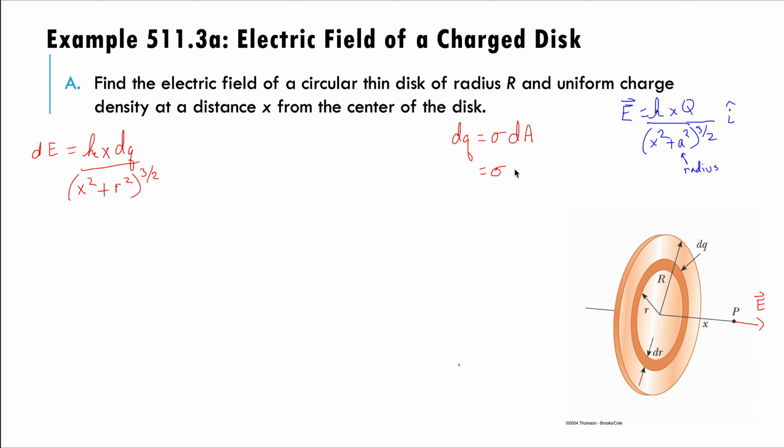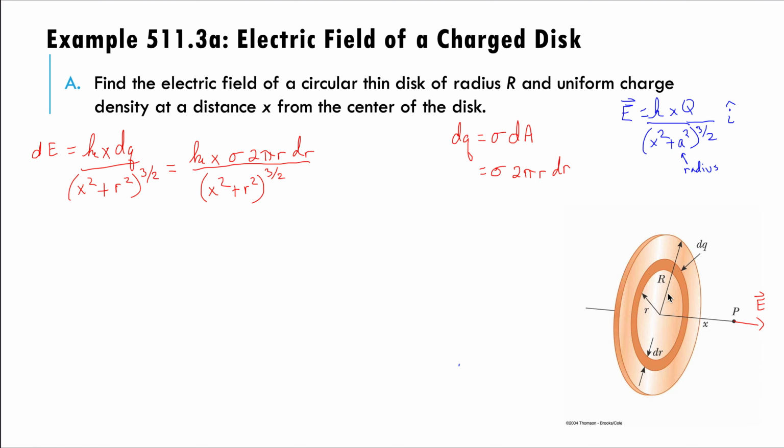So the area is going to be 2 pi r dr. The circumference times the width. dr is the width of that ring. So we're going to make that substitution. For dE, we'll get KE x sigma 2 pi r dr over x squared plus r squared to the 3/2.